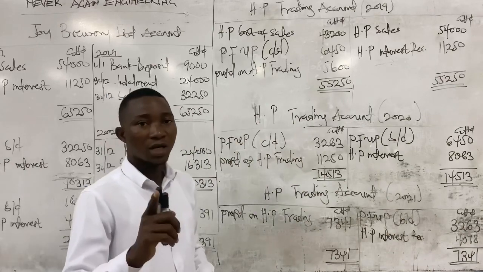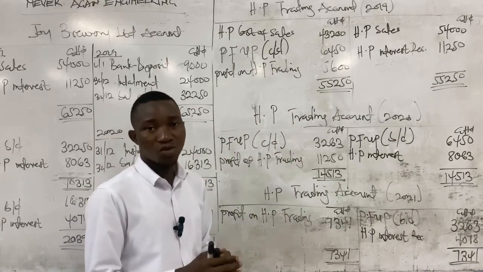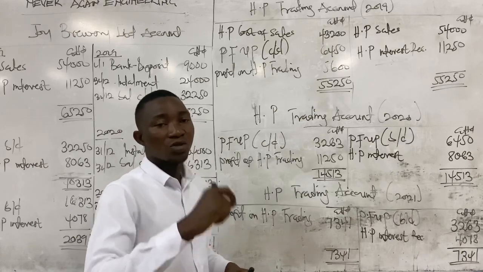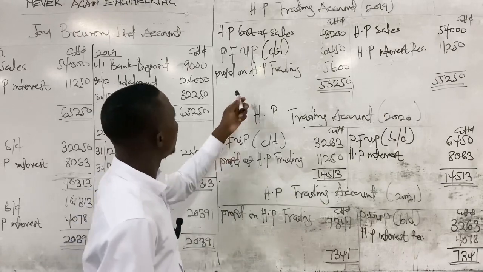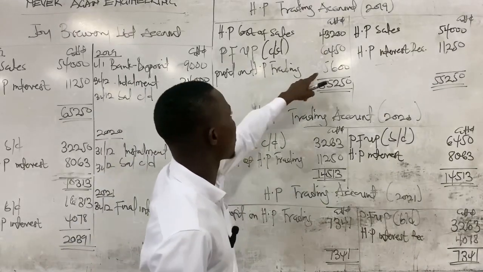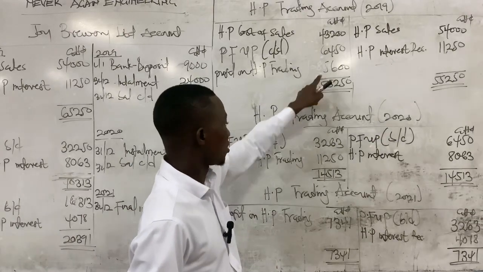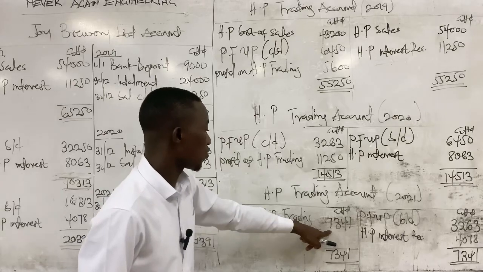And what I need to tell you is that at the end of this hire purchase contract, the total profit made by Never Again Engineering will be the profit on hire purchase trading for 2019, for 2020, and for 2021.